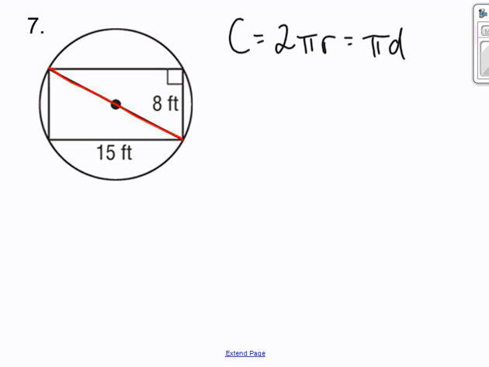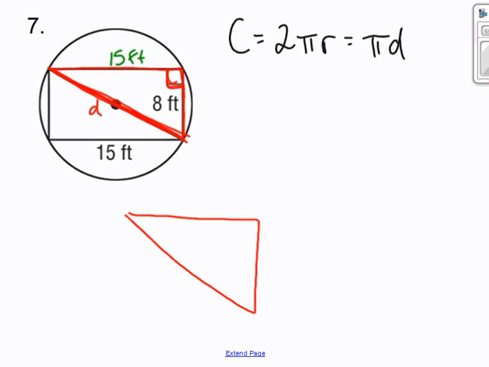There's a right triangle, and I'm going to find my diameter, because this goes through the center and its endpoints are on the circle, so I'm going to try to figure out D. If I scoot up this 15 and redraw this, I can use the Pythagorean theorem to find my diameter.